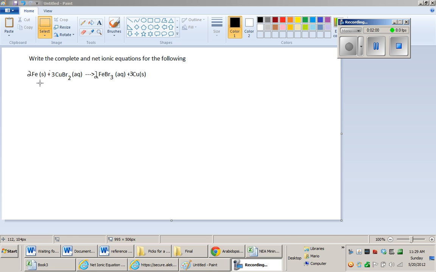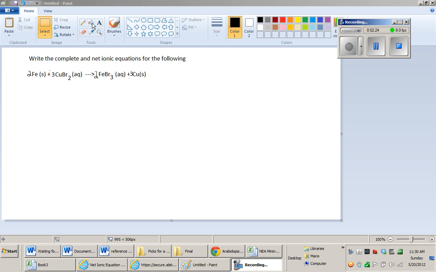The stuff in parentheses, this S, that state symbol means that this is solid iron. This S next to copper means that this is solid copper. But this AQ in parentheses following copper bromide and the AQ in parentheses following iron bromide means that there are ions that have been dissolved in solution.